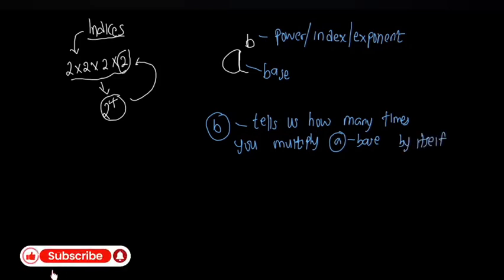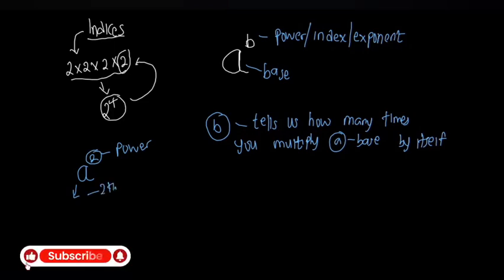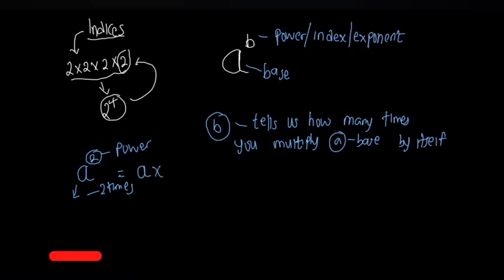For example, I have A raised to the power 2. This is the power, telling us that I have to multiply A by itself how many times? 2 times. So that will give us A multiplied by A, and this gives how many times? 2 times.